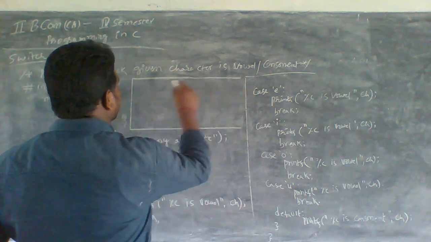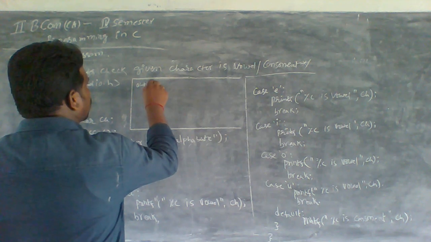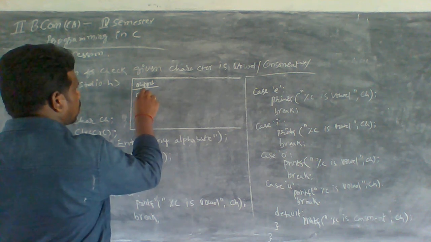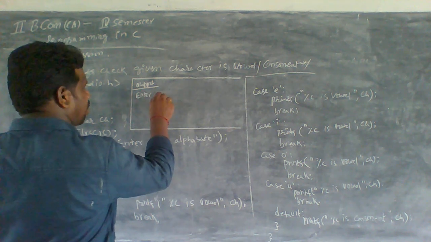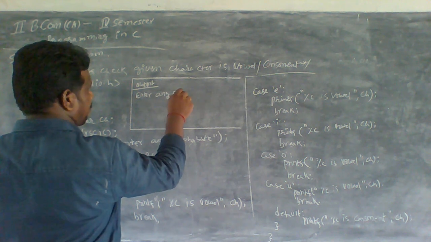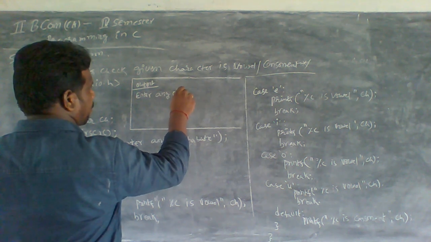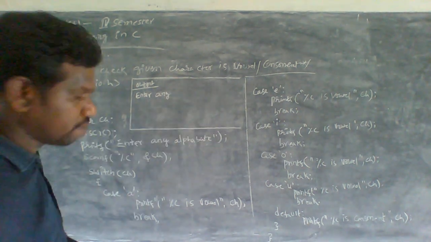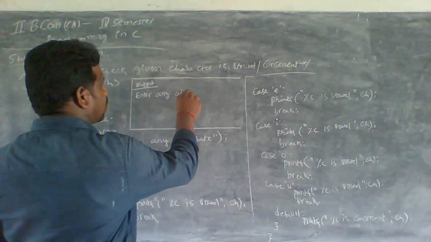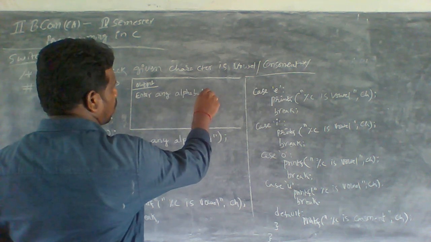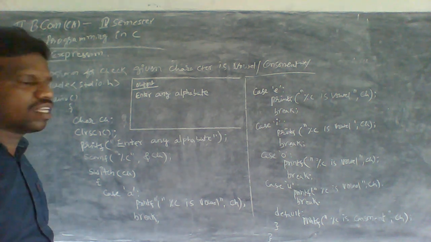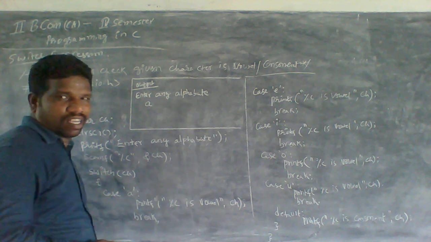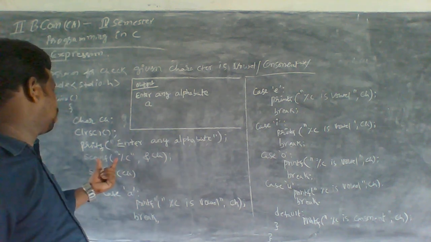In this output, it asks, enter any alphabet, and we have to enter some letter on the computer. We have to enter 'a' here, and it is going to execute and check the condition.